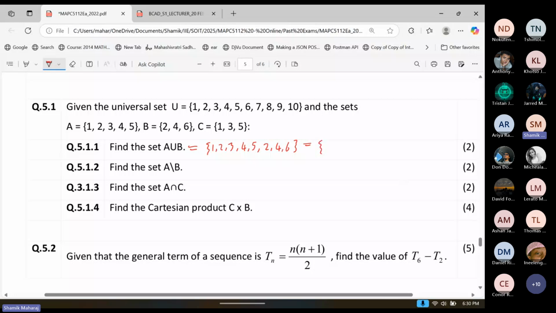This 2 is repeated here, so essentially we don't need to write it 2 times. So I could just write this as 1, 2, 3, 4, 5, and then just write whatever's in B but not what is already here. So 4 is also repeated. 6 is the only new thing. So that would be your answer for 2 marks. You don't have to show this step necessarily, but if you want to, go ahead.